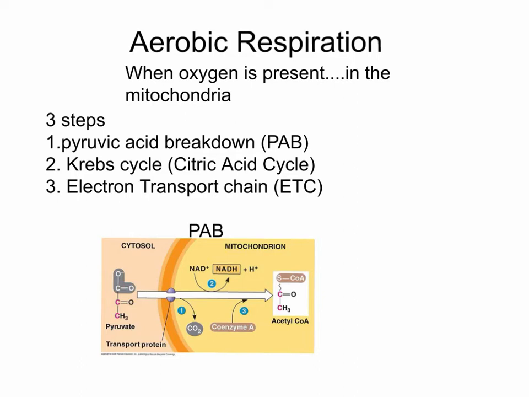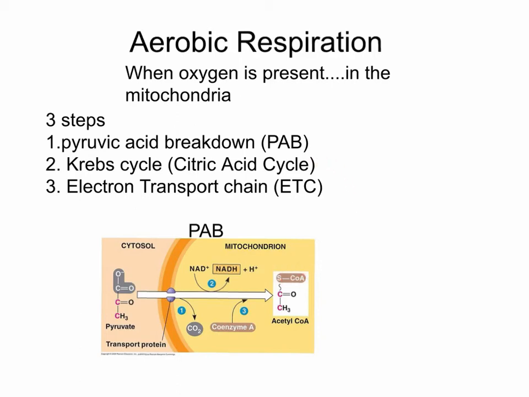But what happens at the end of this is another thing called coenzyme A. Again, it's a coenzyme, helping these processes occur. When the CO2 comes off, coenzyme A comes in and attaches to your acetyl group. Coenzyme A is basically a carrier molecule. Just like NAD and FAD carry hydrogen, coenzyme A is going to carry your acetyl group to the next phase, which is the Krebs cycle.